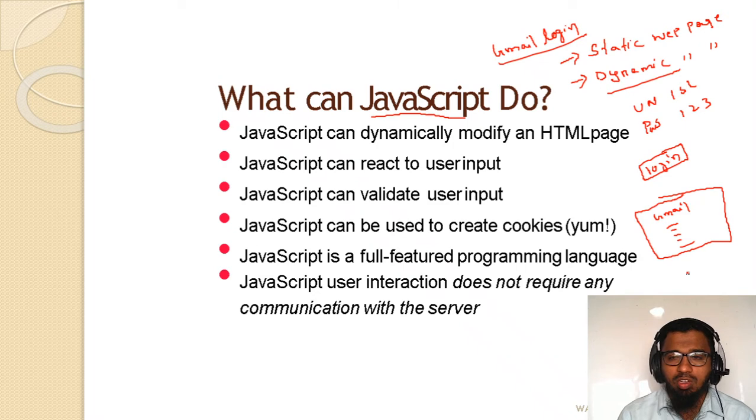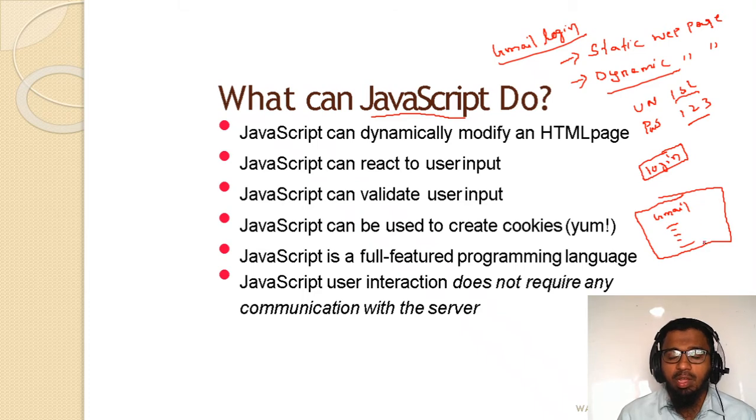So the simple logic is the login page is the same for all of us. Meanwhile, dynamic is when you give username and password and click enter, you get the dynamic page. That means you can directly delete the mail you don't want to keep in your inbox. You can delete, you can add, you can compose. So many things you can do here. That is called dynamic.